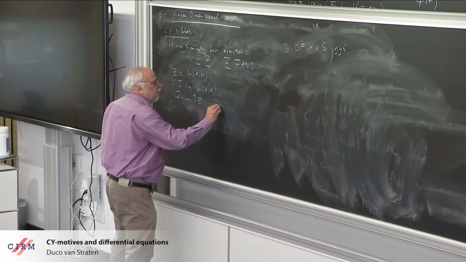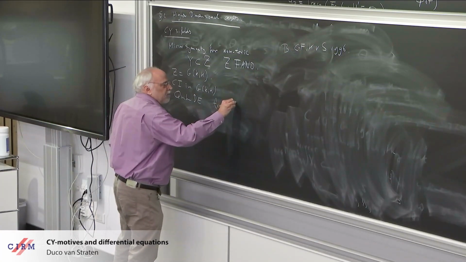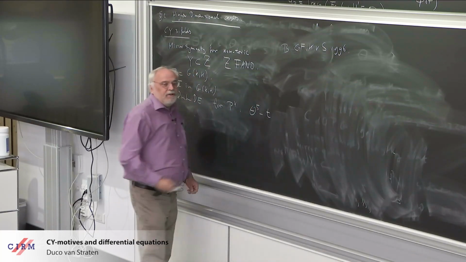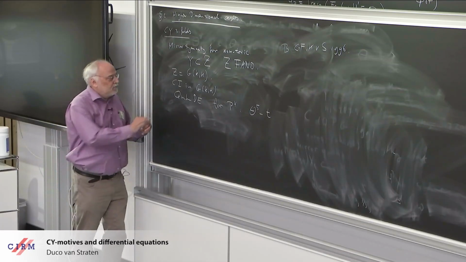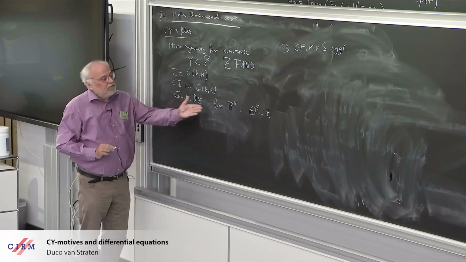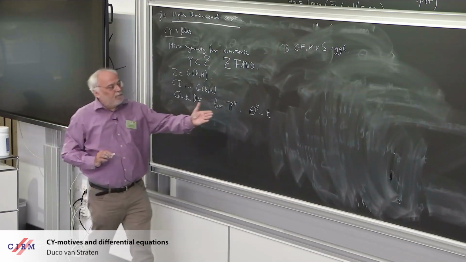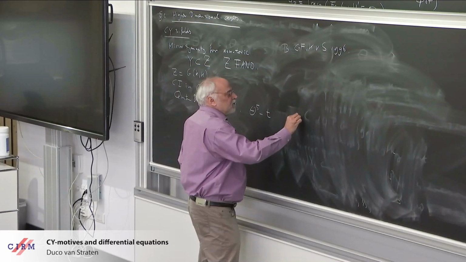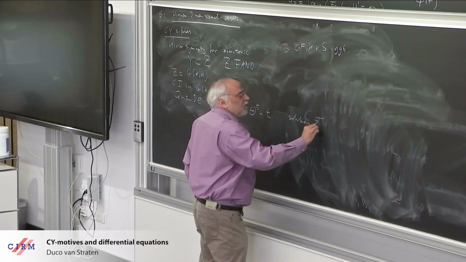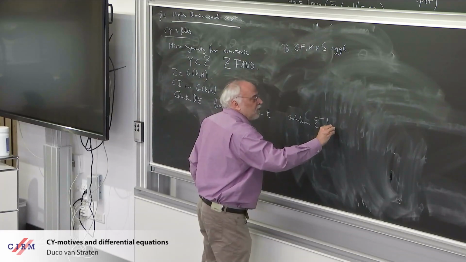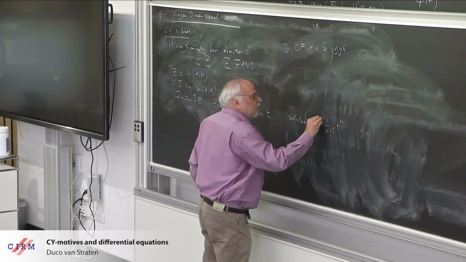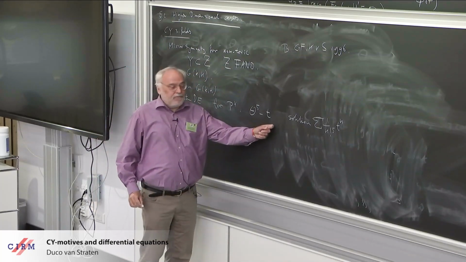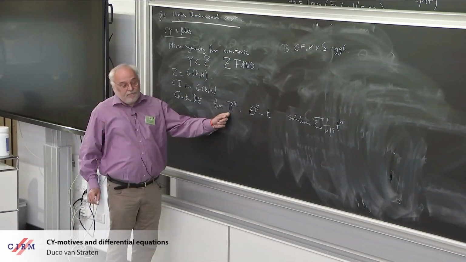So if you do it for P4, you get this operator for the small quantum homology ring, and then there is a solution. So this is the quantum differential operator belonging to P4.